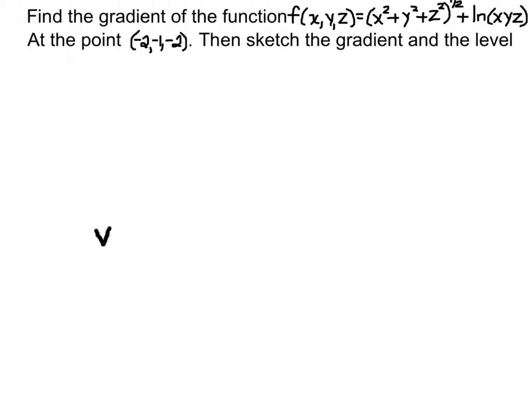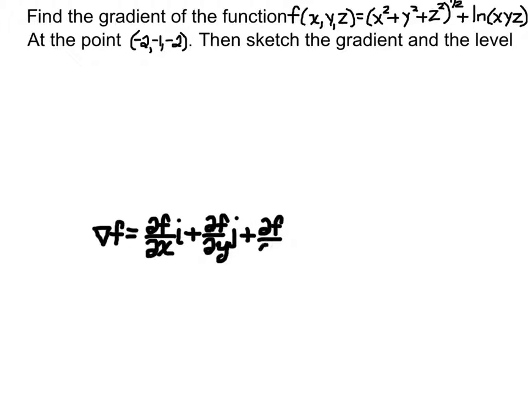The gradient of f is going to equal the partial derivative of f with respect to x in the i direction, plus the partial derivative of f with respect to y in the j direction, plus the partial derivative of f with respect to z in the k direction.